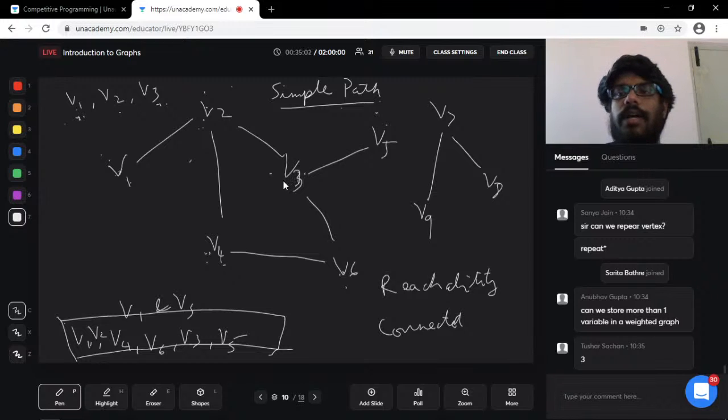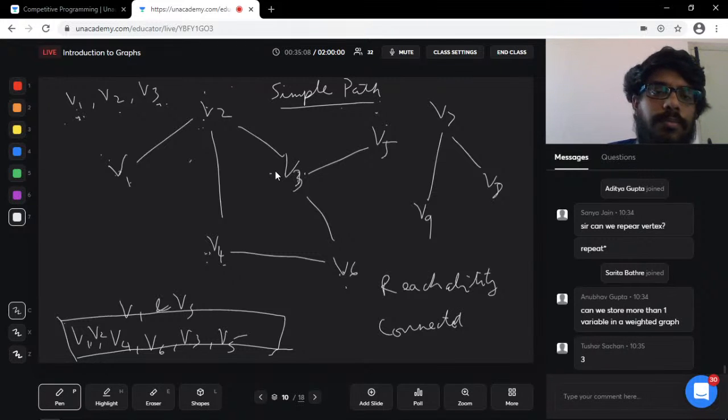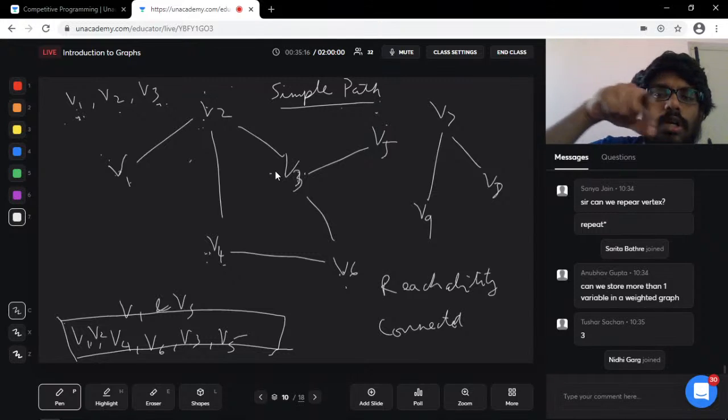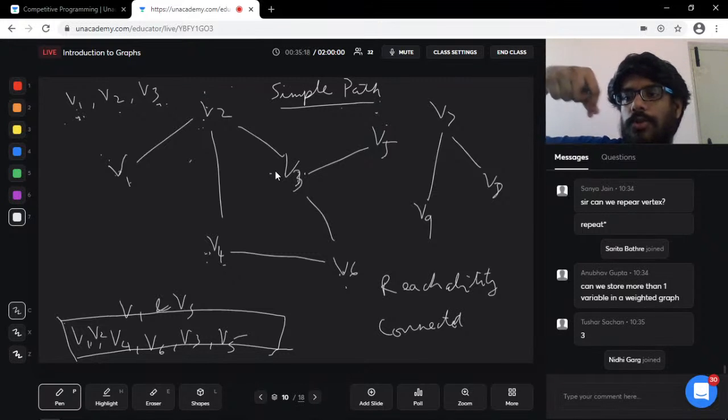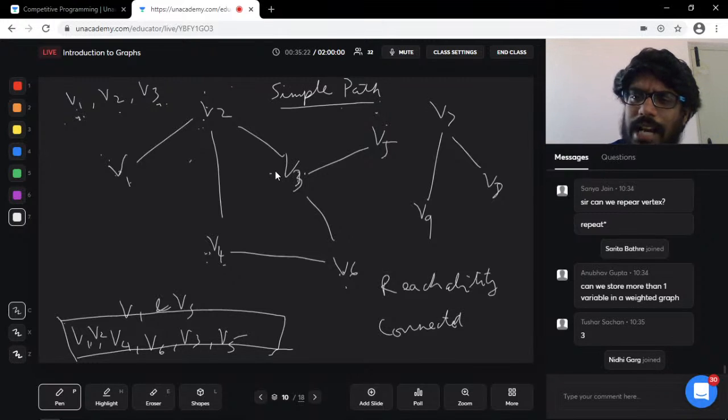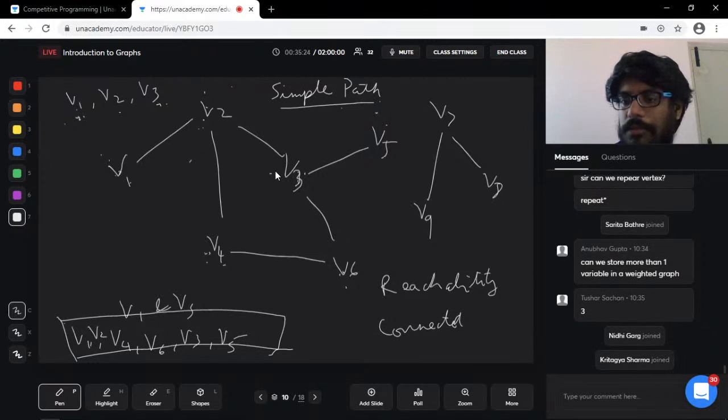Even from a real life perspective, when I'm looking at a journey, if I want to go from Mumbai to Paris, why will I go from Mumbai to Chennai, Chennai to Mumbai, Mumbai to Chennai again, and then back to Paris? I'll never repeat vertices. I'll never repeat cities. So that is the intuition behind defining a simple path.